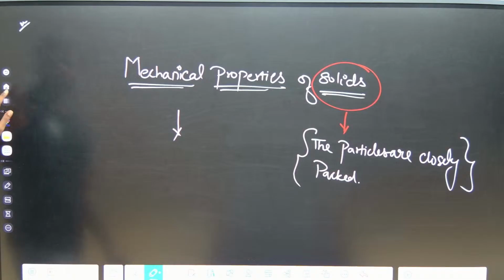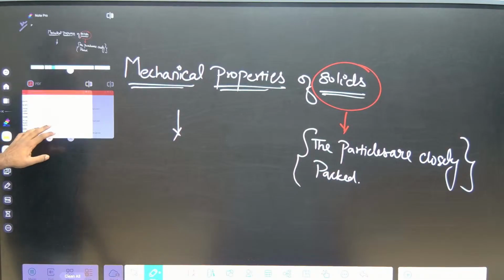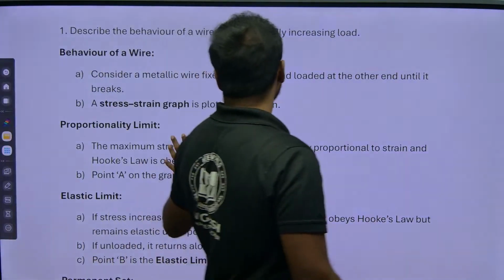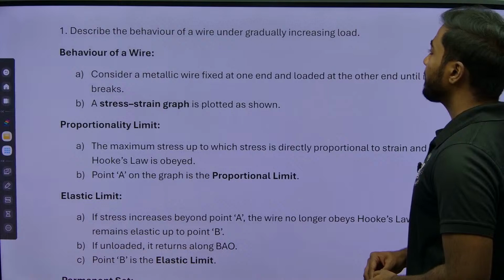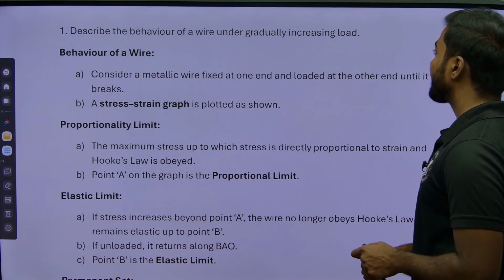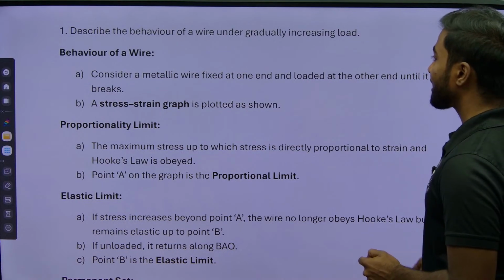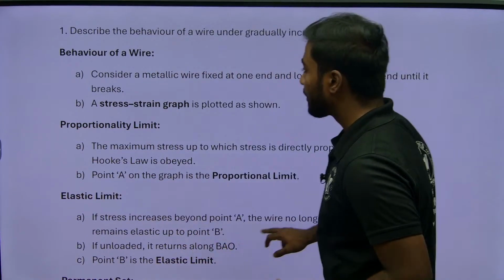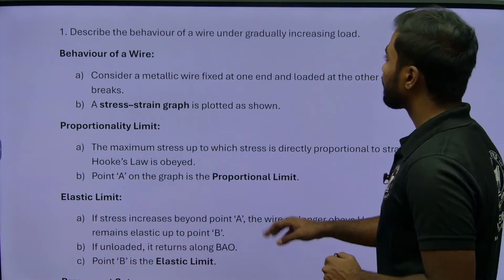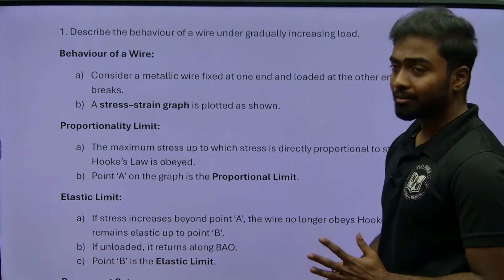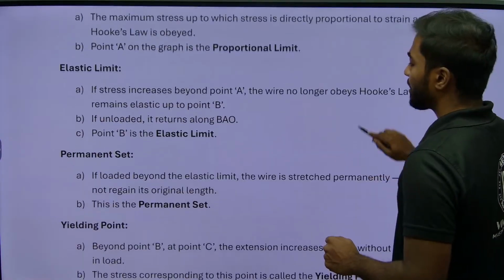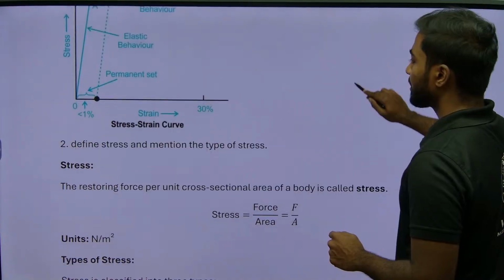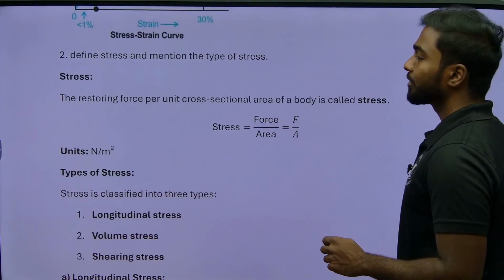So as we have discussed, in this chapter we will be getting 4-mark questions. The first question we are going to discuss is: describe the behavior of a wire under gradually increasing load. Second question is: define stress and mention the types of stress.